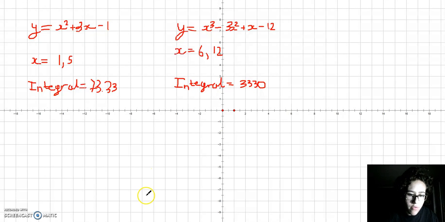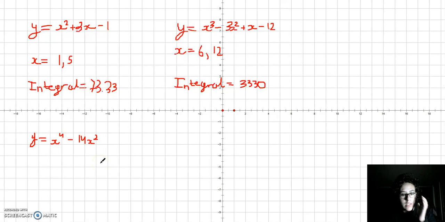Now we have another way that we can find it, and this is going to be a more visual graphic representation using the graphing calculator. Once again, we want to get some equation. I'm just going to make one up for us right now. So we'll do y equals x to the fourth power minus 14x squared, and yeah, we'll just leave it at that.